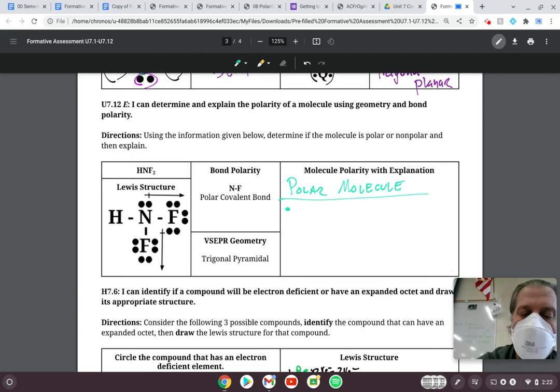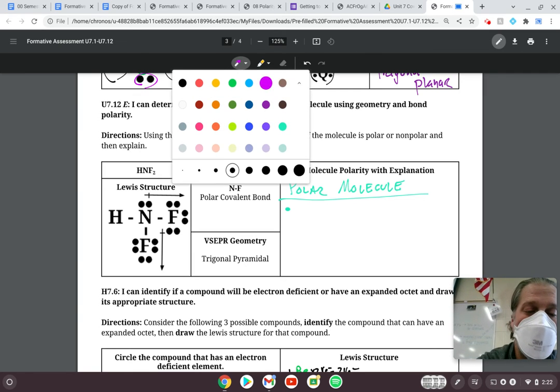Now, there's two reasons why this is a polar molecule, and I'm going to explain both of them.